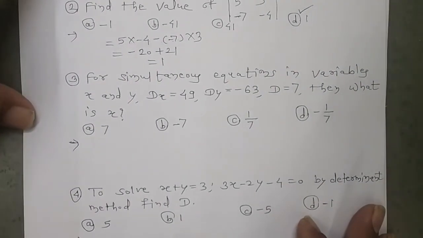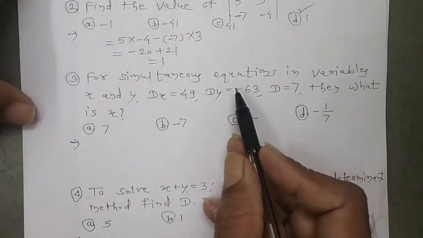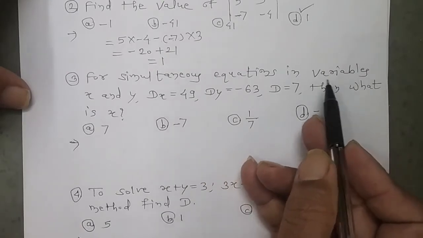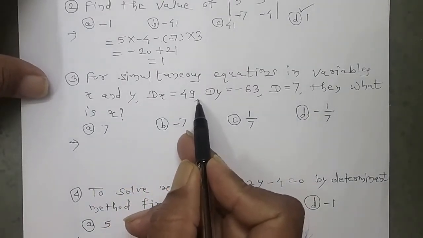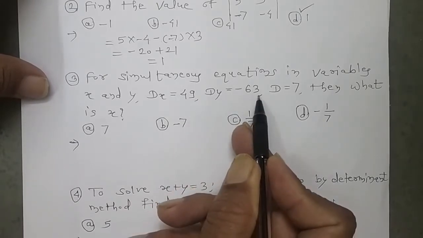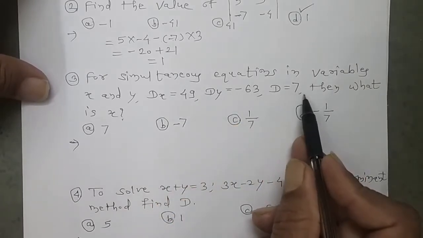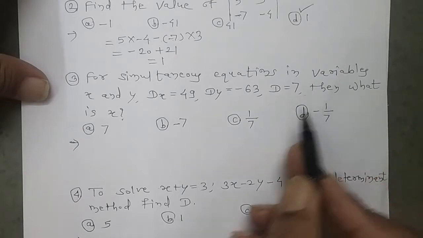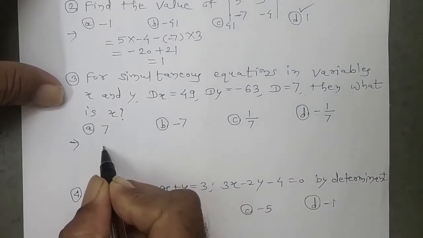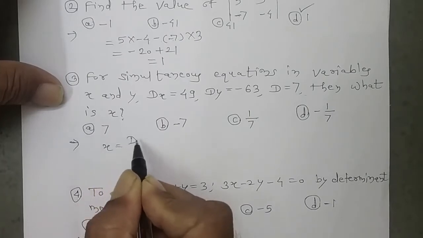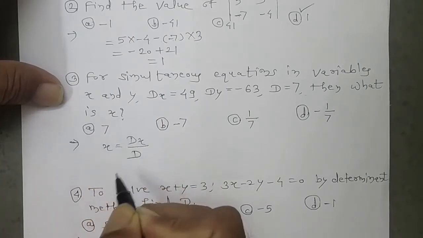Next, for simultaneous equations in variables x and y, dx is equal to 49, dy is equal to minus 63, d is equal to 7, then what is x? Now we know the formula, value of x is dx upon d.